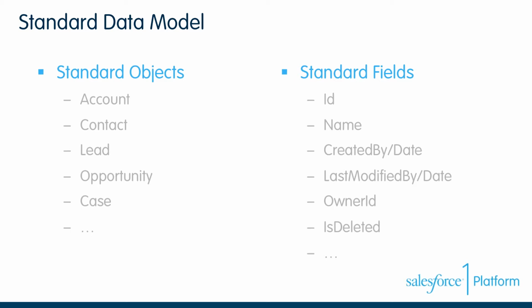Within any standard object, there's a set of standard fields. Every object gets an ID. This is the primary key, if you're thinking in relational database terms, and every object gets a standard ID field. If you look at the value, you'll probably see a 15 or possibly 18 character string of alphanumerics.